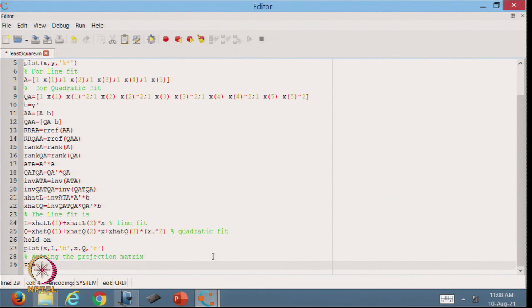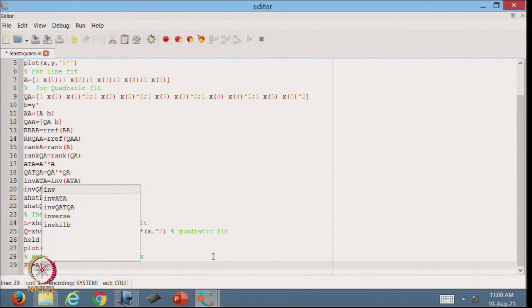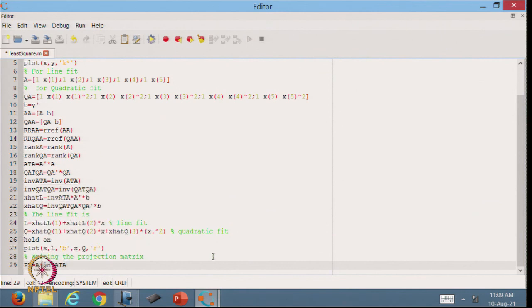So the projection matrix, you know for the line, I just take the A matrix, putting star here, and then I am writing the inverse of A transpose A, star, then A transpose.